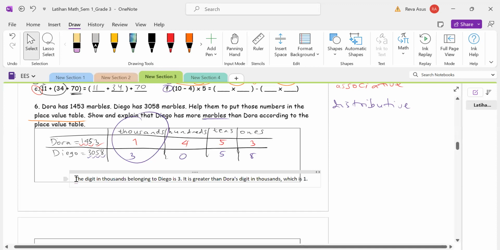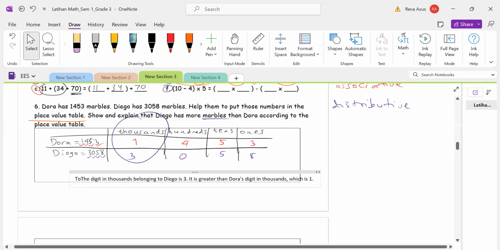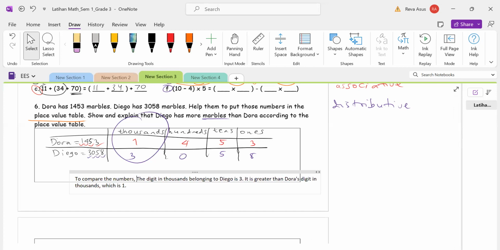It is already correct, or if you want to give additional explanation at the front: to compare the numbers, we need to look at the greatest place value.